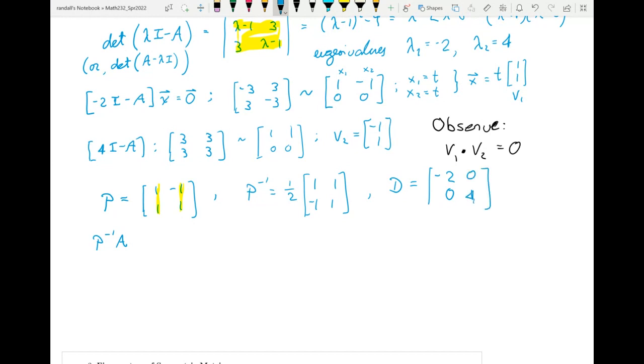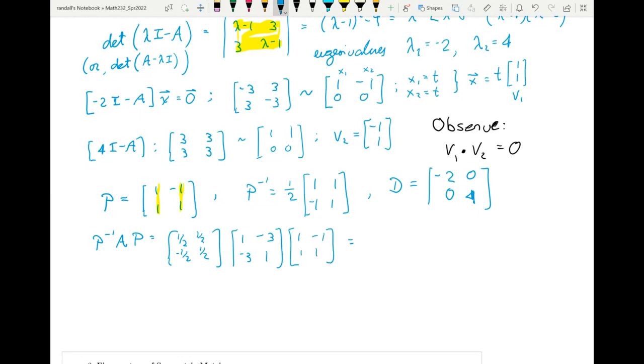So I know that that's what the answer will be when I compute P inverse AP, but let's just do it here. Okay, so P inverse AP. So 1/2, -1/2, 1/2, 1/2. That's my P inverse. Here's my A, 1, -3, -3, 1. There's my P, 1, -1, 1, 1.